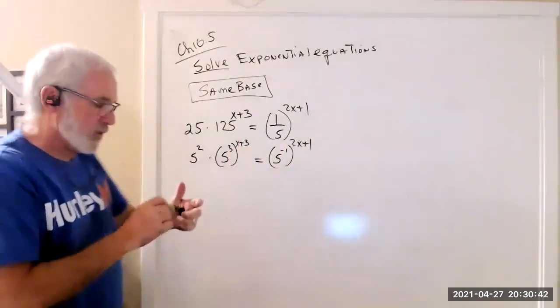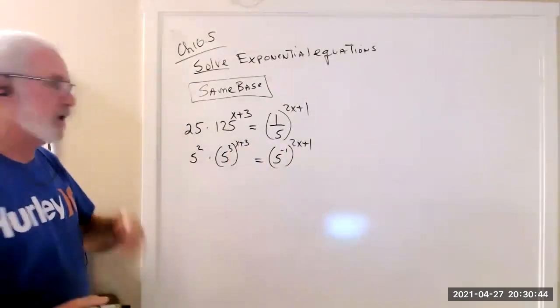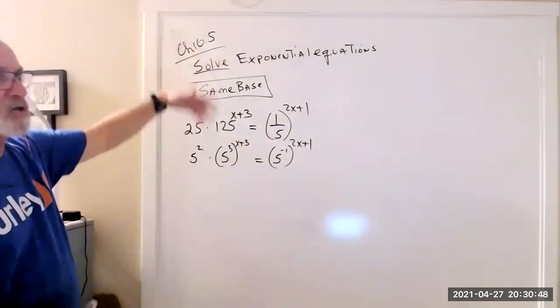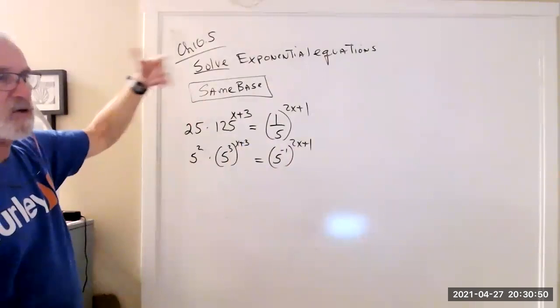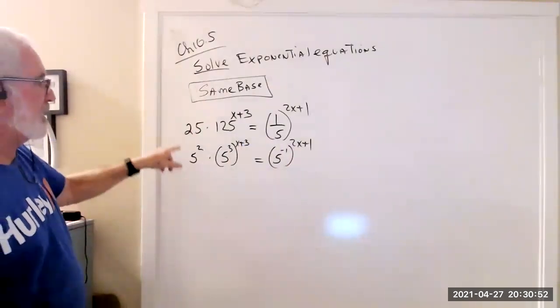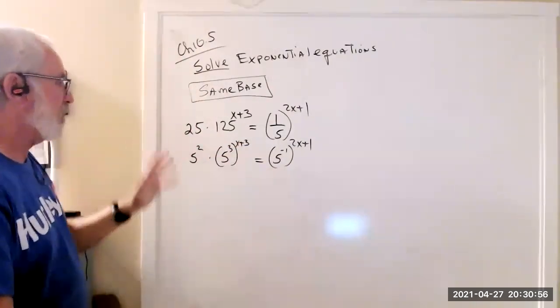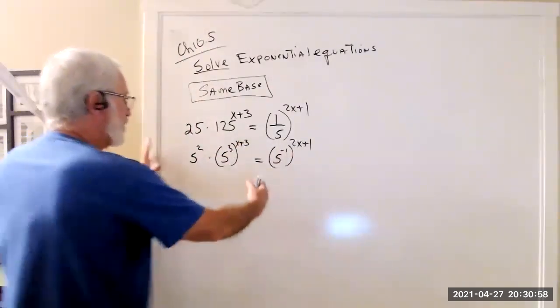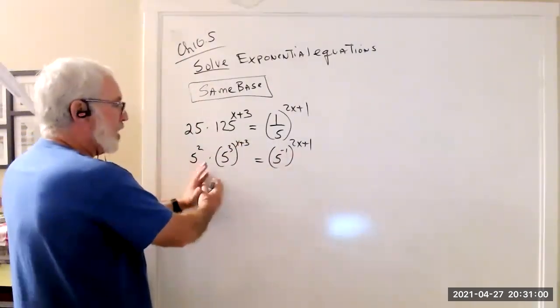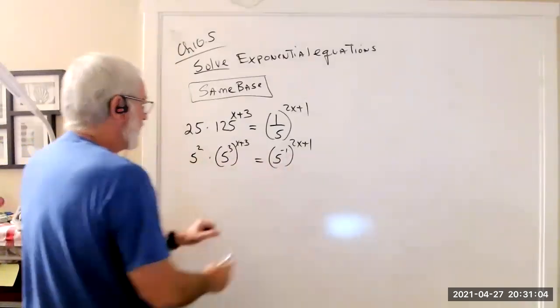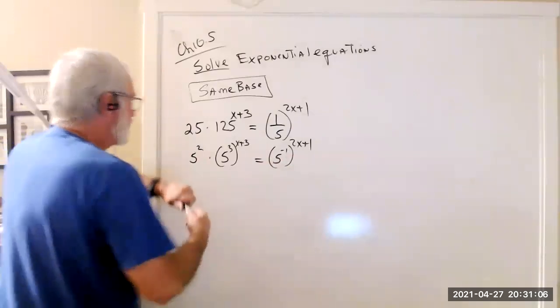Okay, now again, we did these last week, but I understand last week was last week and you probably forgot a lot. So the key is writing all of these so they're base 5. Now what we want to do is condense this into one base 5 on this side and one base 5 on the right side. Takes a couple steps.